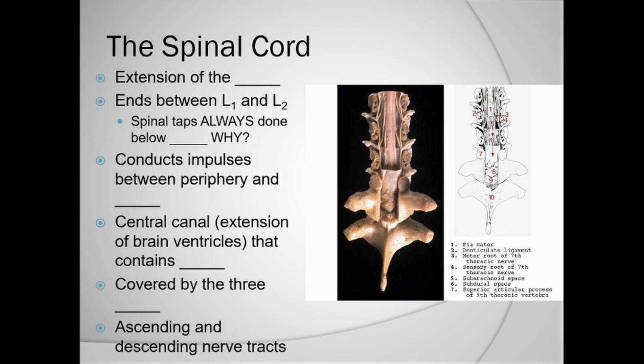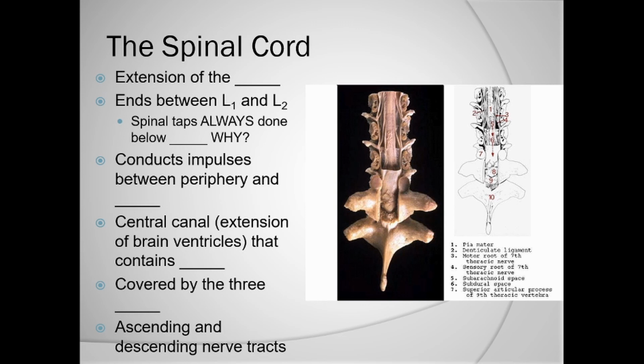And that's the reason why, like I said, because the danger of damaging and causing paralysis is not there whenever you go down below L3, because when the needle goes in to aspirate or draw out some of that cerebrospinal fluid, you're not going to nick the spinal cord and cause permanent damage. So they always go below L3, lumbar number 3.